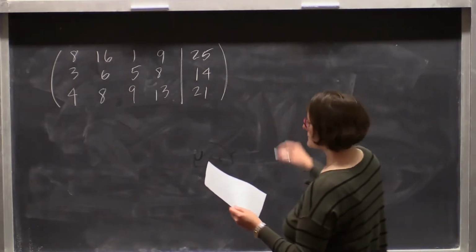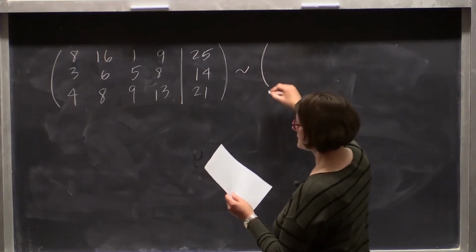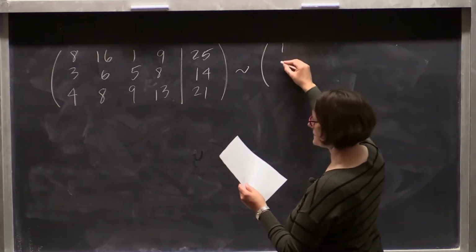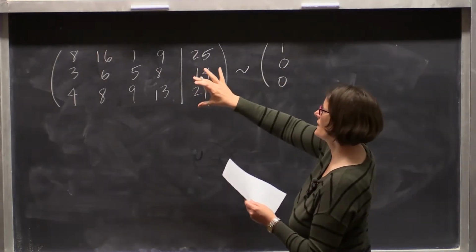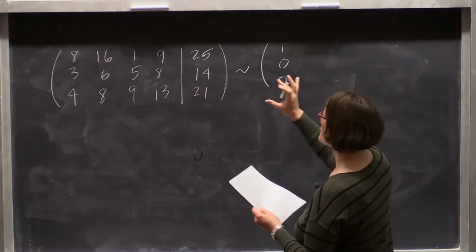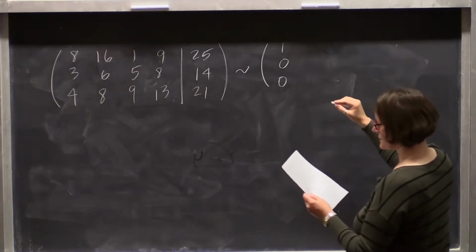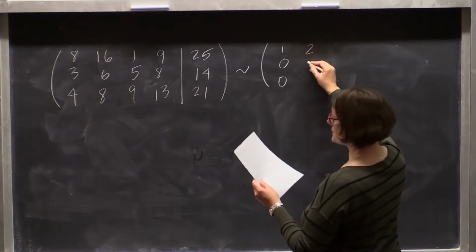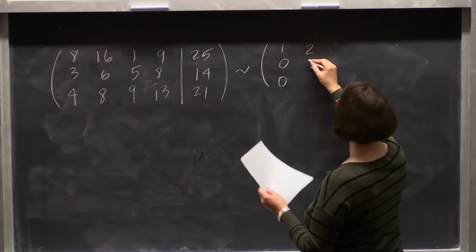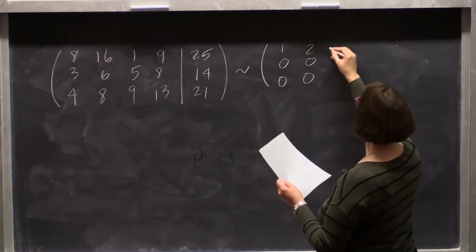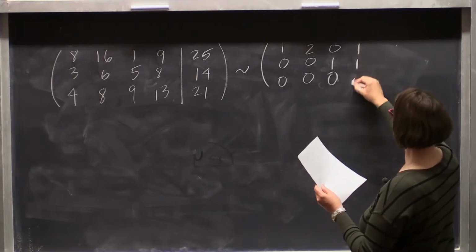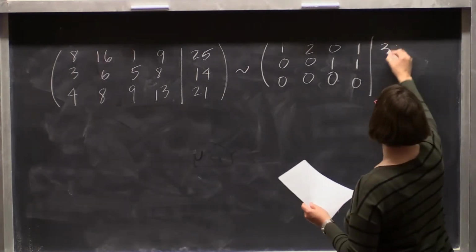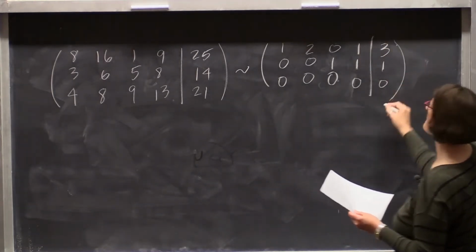And this is row equivalent to the augmented matrix 1, 1, 0, 2, 0, 0, 0, 1, 0, 1, 1, 0, 3, 1, 0.